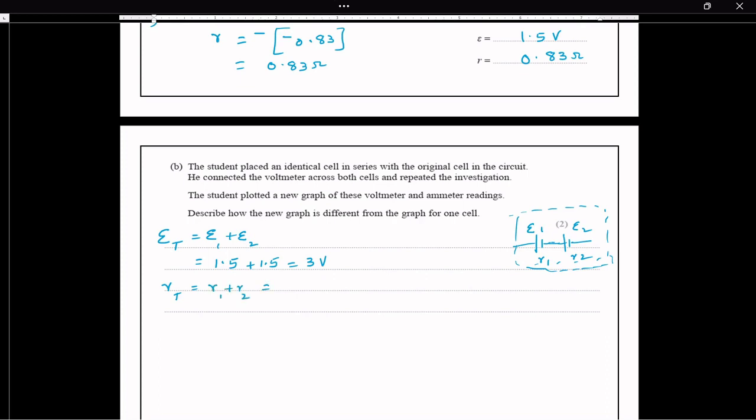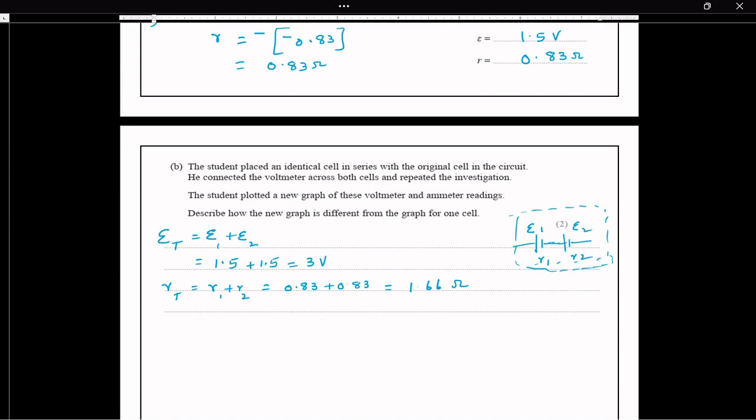We already got 0.83 plus 0.83, so double the value, which is 1.66 ohms.